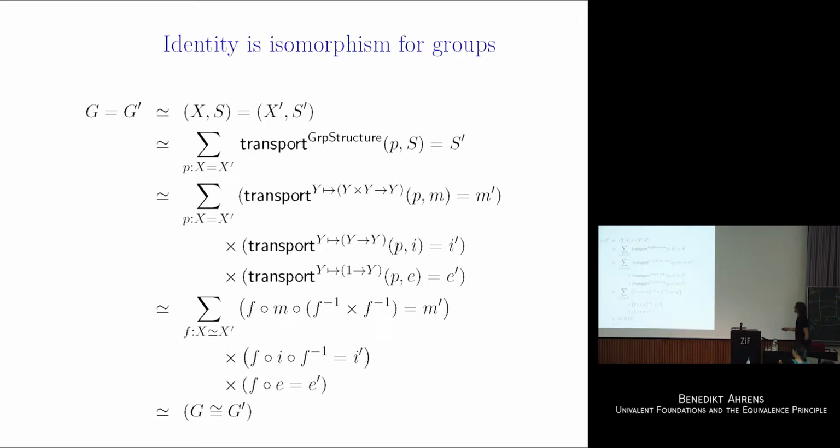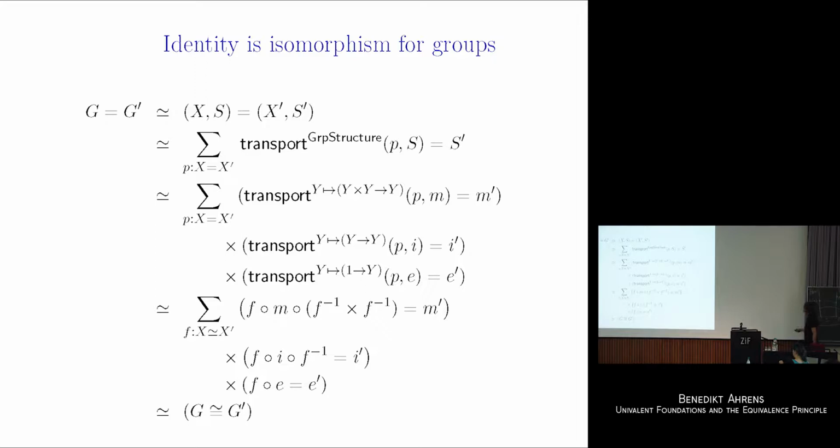So I can replace an identity P by an equivalence F, and then the condition that the transport of the multiplication along the identity gives the other multiplication transforms into the condition that the multiplication M, taking its conjugation with this equivalence F, gives the other multiplication.